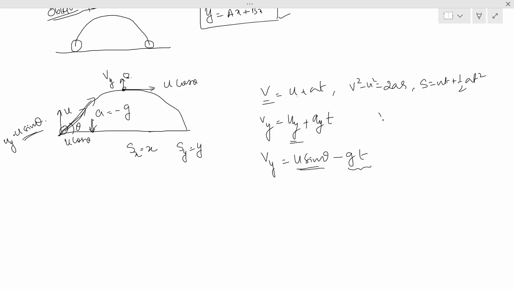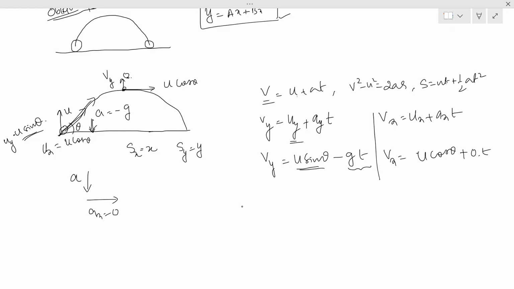Similarly for vx: vx equals ux plus ax t. vx is the final velocity at the highest point, ux is the initial velocity along the x-axis, that is u cos theta, and ax is 0, into t. Only acceleration is acting along the y-axis. There is no acceleration along the x-axis, that's why it is 0.